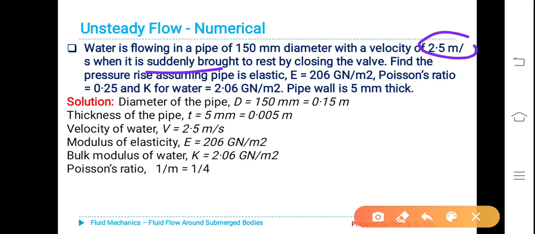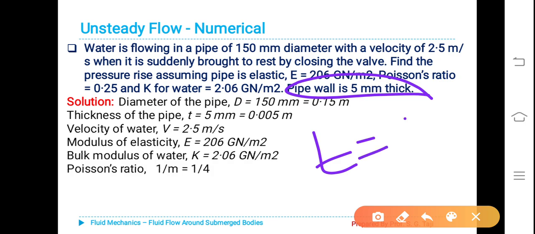Find the pressure rise assuming the pipe is elastic, of which Young's modulus E is equal to 2.06 giganewton per meter squared, Poisson's ratio 0.25, that is 1 upon m is equal to 0.25, and K, the bulk modulus of elasticity of water, is given as 2.06 giganewton per meter squared. Pipe wall thickness, that is small t, is given as 5 mm. Now we will see the solution.